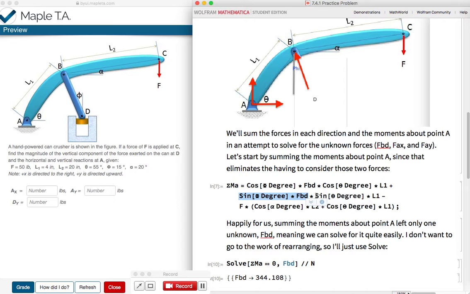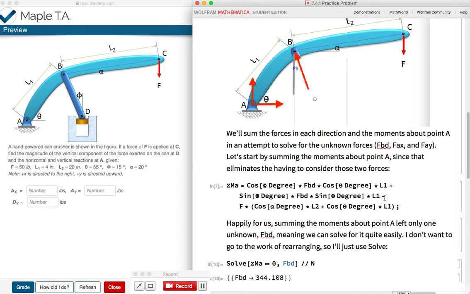And then the distance that we're going to multiply by is now going to be the vertical distance from A to B. So now we're going to take the sine of theta times L1. And that also, if you can imagine, is going to be a positive moment, because it's, again, trying to turn the handle about point A in a counterclockwise direction. So that's where this positive sign comes in for this moment.